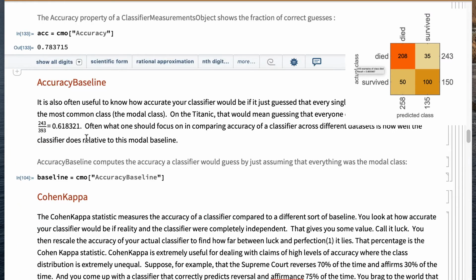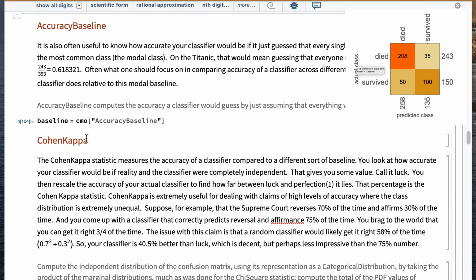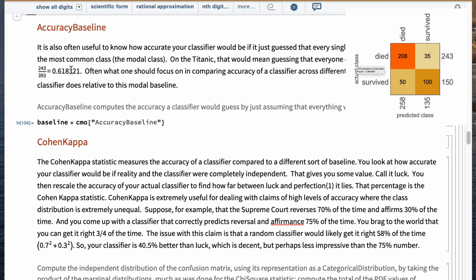It's often useful to know how accurate your classifier would have been if it just guessed the modal class. That is the most common thing. And here, the most common thing is for people to die. So if you just said everybody dies, like Dr. House does on his television show, then you would get it right 243 out of 393 times, and your accuracy would be 61.8% of the time.